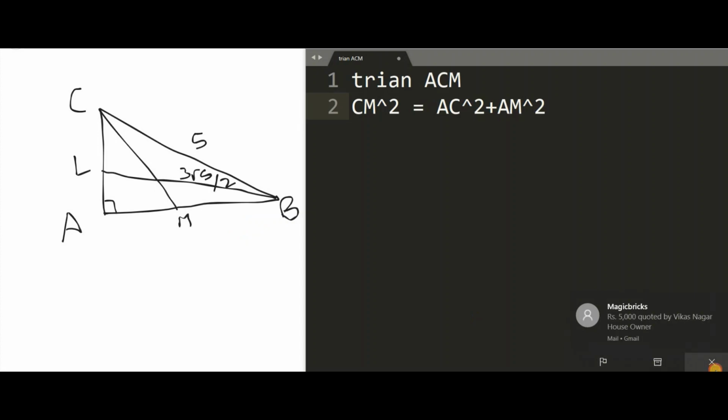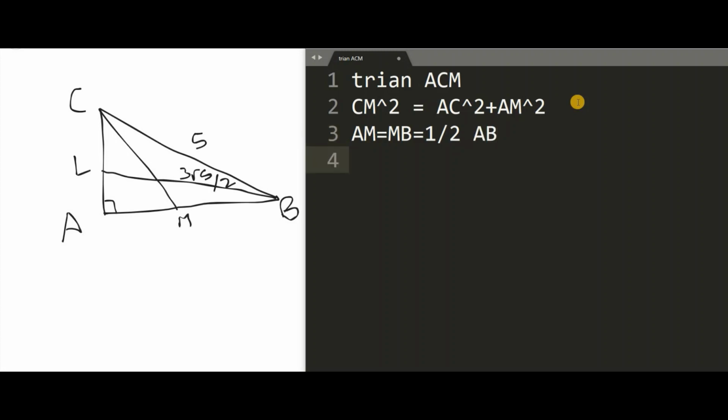Since CM is the median, we can write AM equals MB equals half of AB.